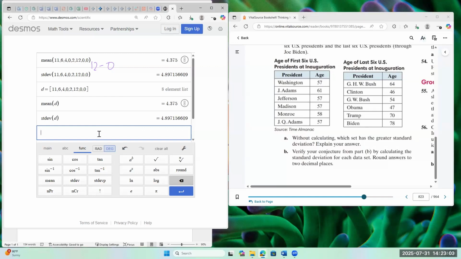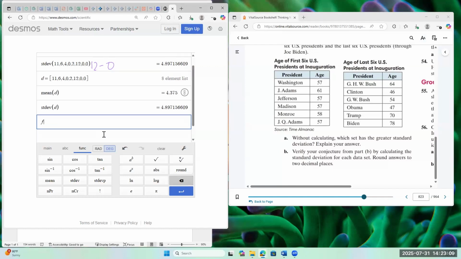Then let's look. We'll do P1 for the first presidents, and the data set was 57, 61, 57, 57, 58, 57.